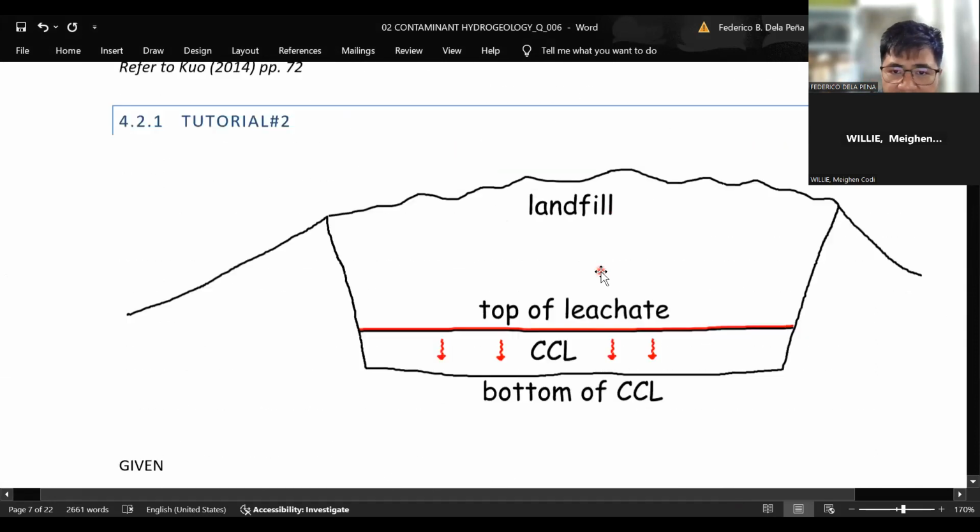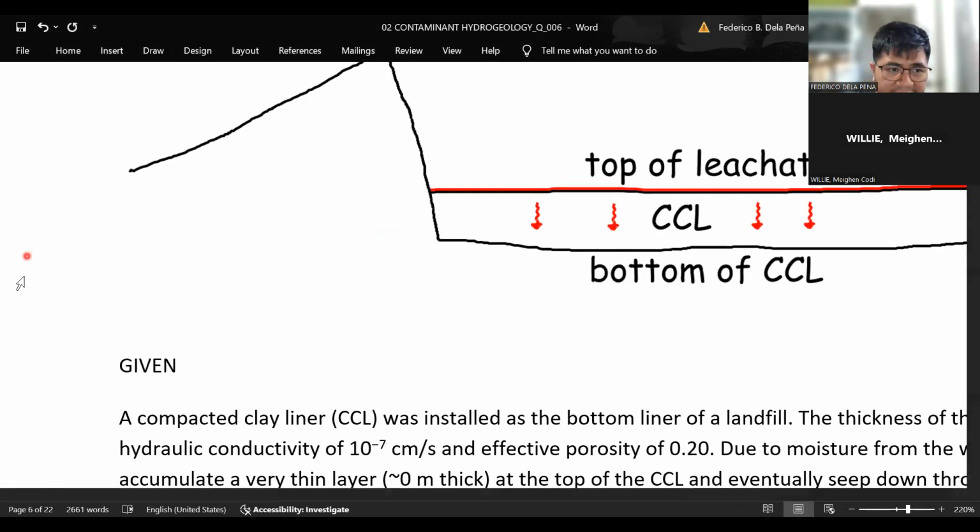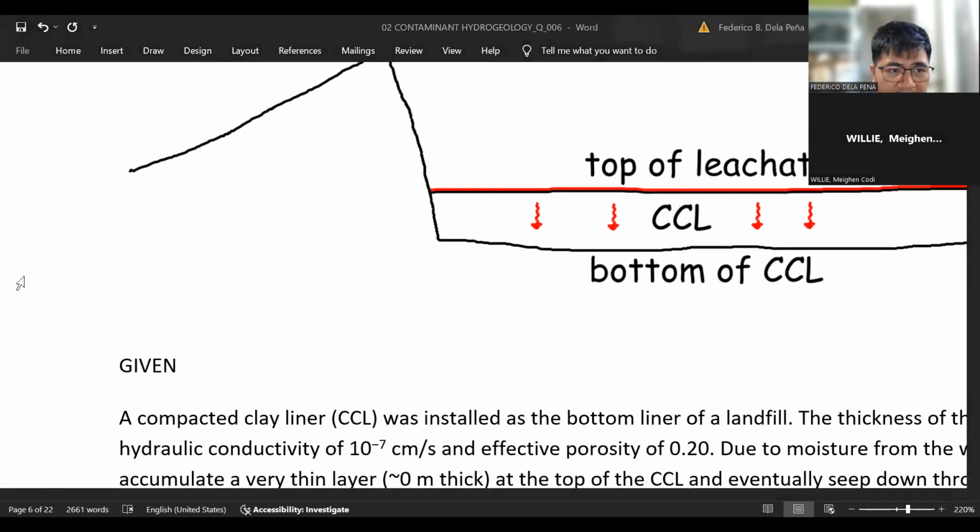In this problem, this is what we call the head loss. Let's draw a purple line representing the flow path here. It's a nearly vertical flow. As you can see here, it's actually a vertical flow.